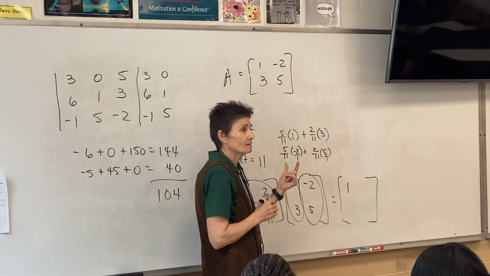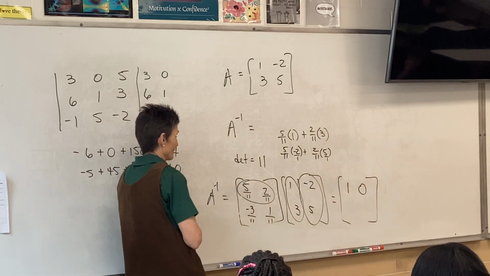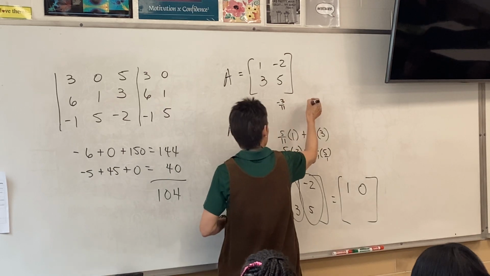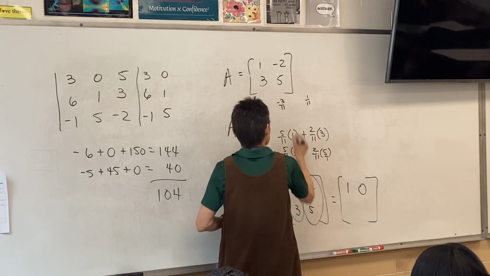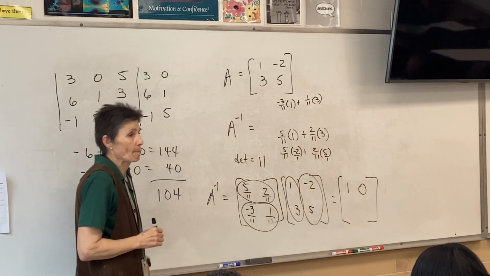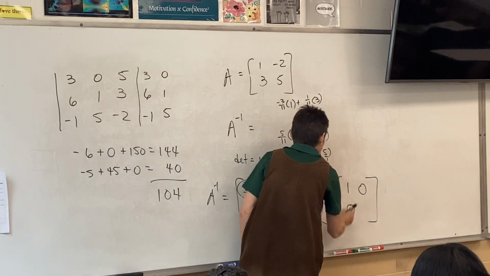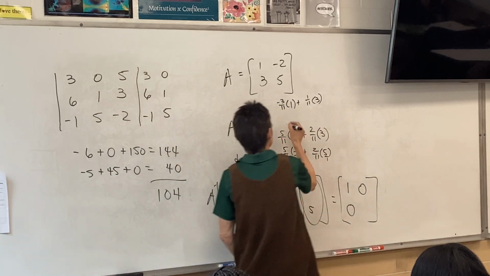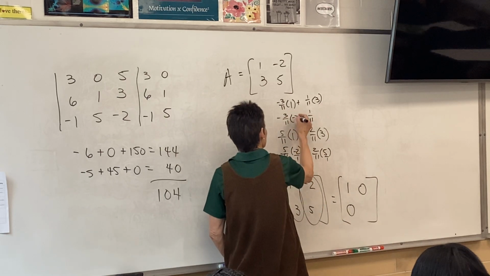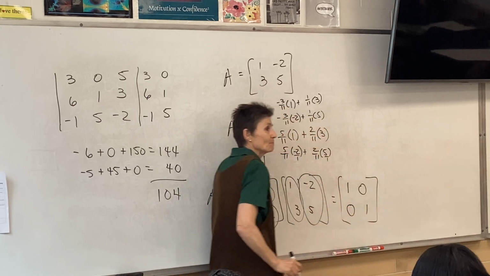That's 0. All right. Negative 3 11ths and 1 11th times 1 and 3. What's going to happen there? 1, 2, 0. 0 again. And then finally, negative 3 11ths and 1 11th times negative 2 and 5. That is another 1.